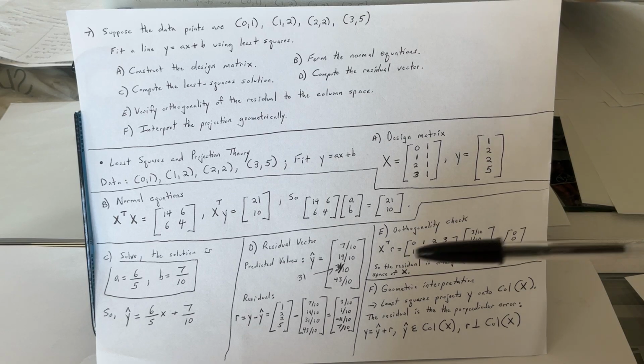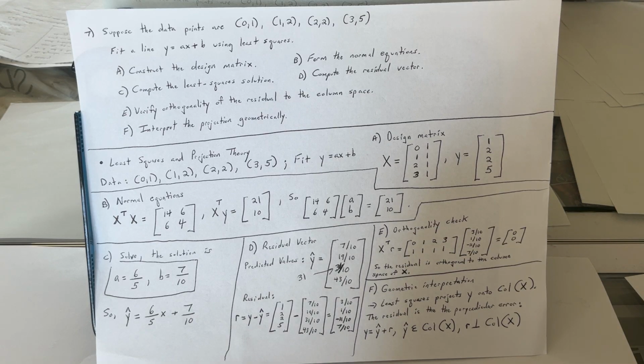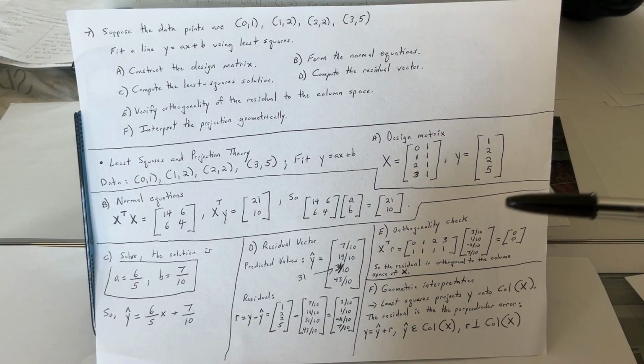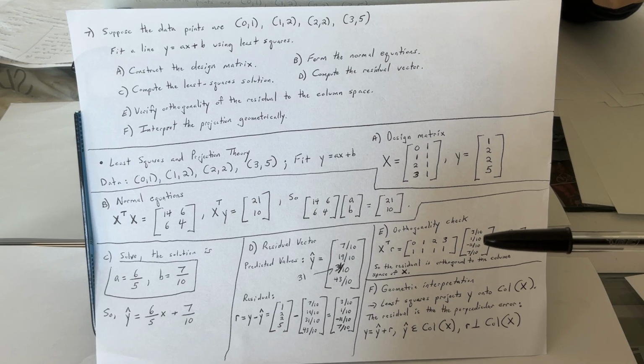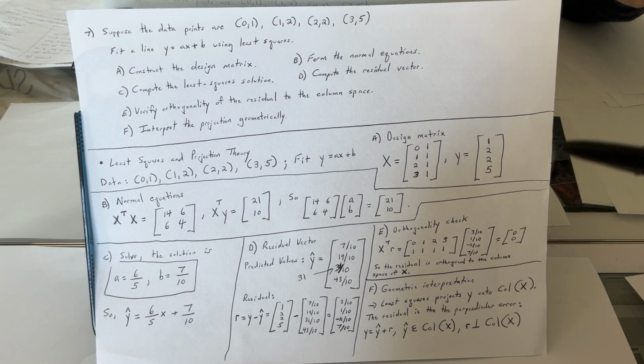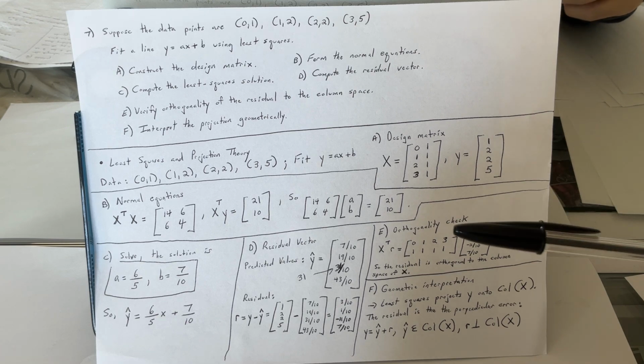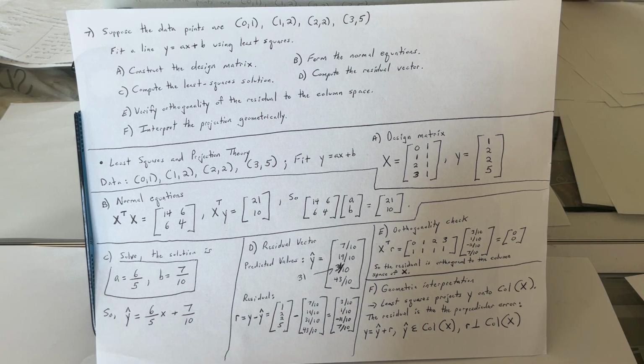X transpose r equals row 0, 1, 2, 3 and row 1, 1, 1, 1, multiplied by this column 3 tenths, 1 tenth, negative 11 tenths, 7 tenths, which equals 0, 0. So the residual is orthogonal to the column space of X.